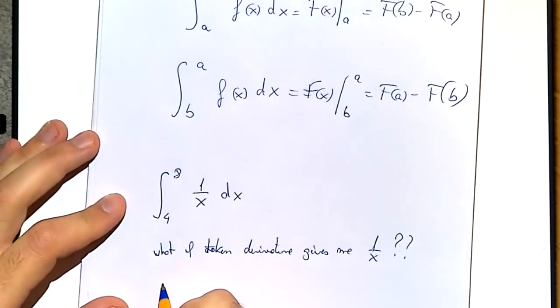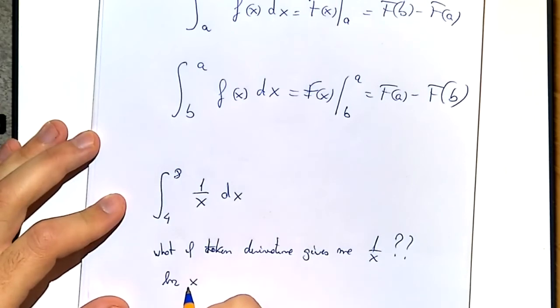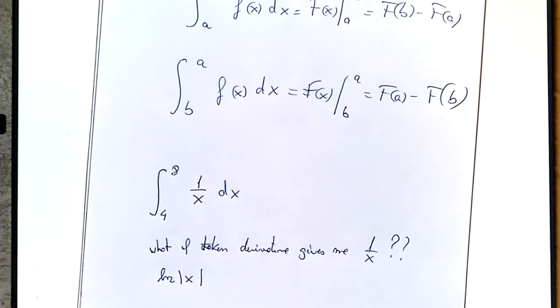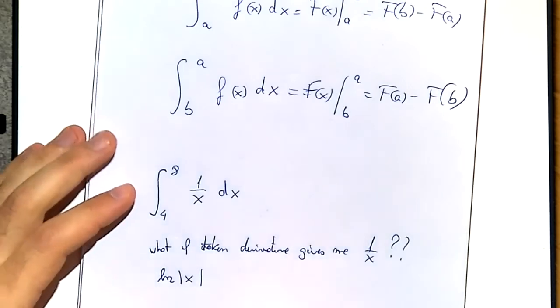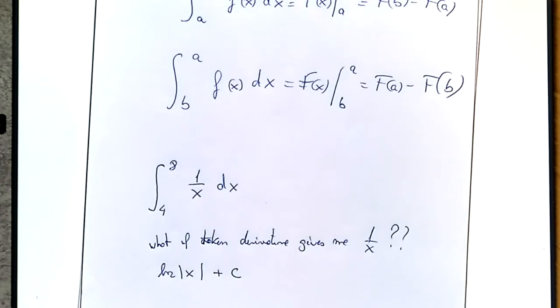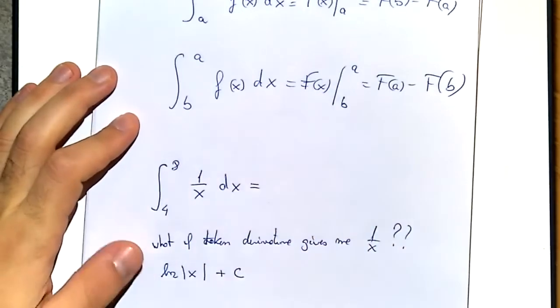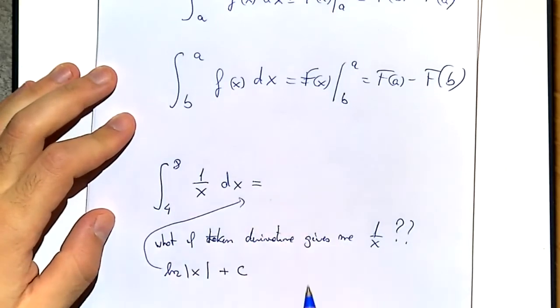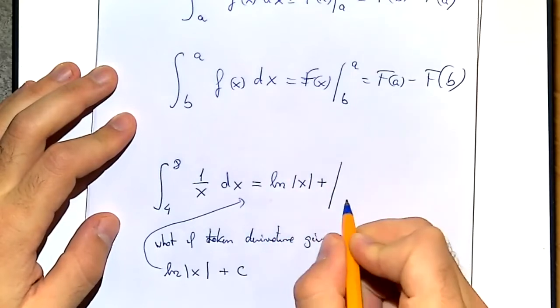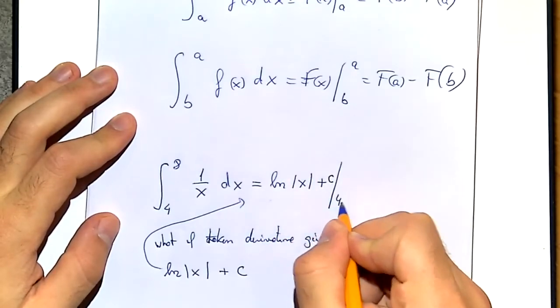It's log of x. And I know it's an absolute value because it has to be positive. That's why I put it from 4 to 8, not to be stressed. Now I told you that you need to carry a constant, and you're free to carry a constant. Because when you plug it in here, you get log of x plus c between 4 and 8.